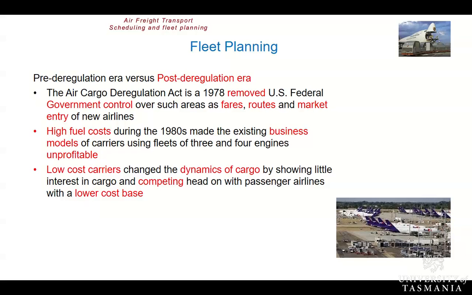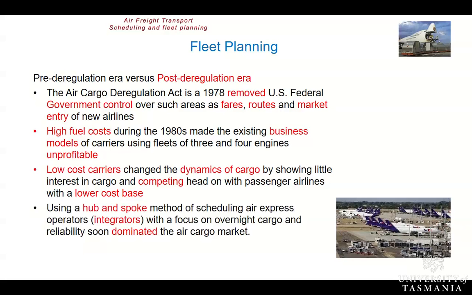The outcome of this was that the other passenger airlines in the marketplace also forgot about cargo. They just wanted to concentrate their competition on passengers, which left a gap in the market for somebody who wanted to come in with the right business model to take advantage of that.